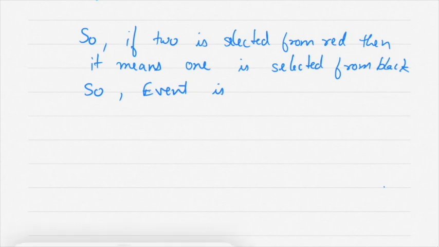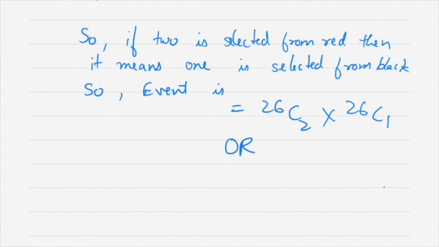So in this case, the event is (26C2) multiplied by 26C1, right? Because there are 26 red cards and 26 black cards, correct? If you are selecting 2 cards from red cards and 1 card from black cards, then 26C2, 2 cards selected from 26 red cards, and 26C1, 1 card selected from 26 black cards.